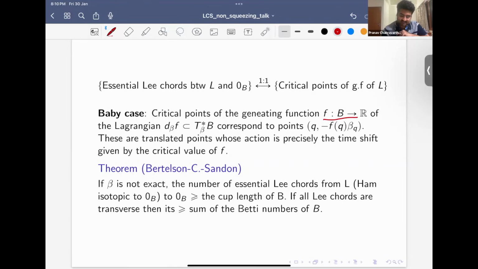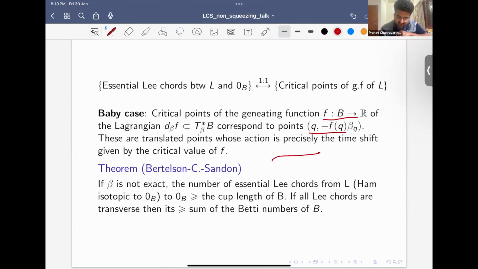And the critical points of f, the generating function, correspond to the points (q, -βf, f). So basically, these correspond.